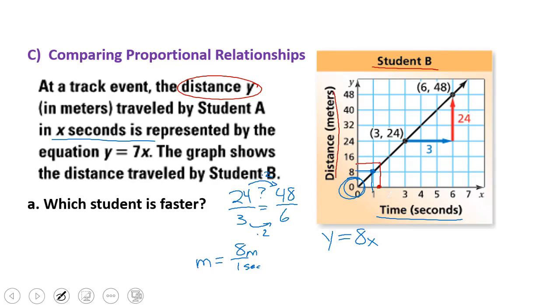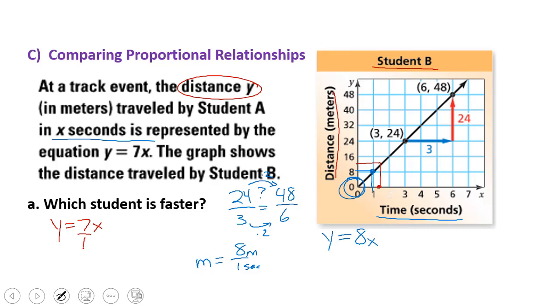Now that we understand this graph a little bit, we see that student A up here is represented by the equation y equals 7x. That's another direct variation equation, and we know that the slope would be 7 over 1. It wants to know which student is faster.